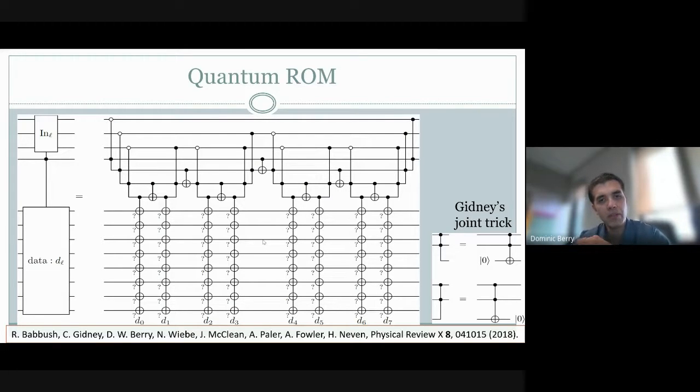So the quantum ROM is essentially taking an input register and outputting some classically chosen data based on that input register. So if you have L encoded in an input register, you're outputting classically chosen data D_L, and these C-nots with question marks are indicating that there's either a C-not or not a C-not to output these individual items of data, D0, D1, D2, etc. And this circuit is able to basically control on 0 here, then control on 1, control on 2, control on 3, and so forth.